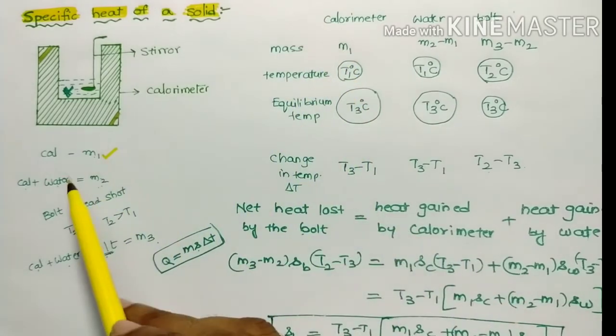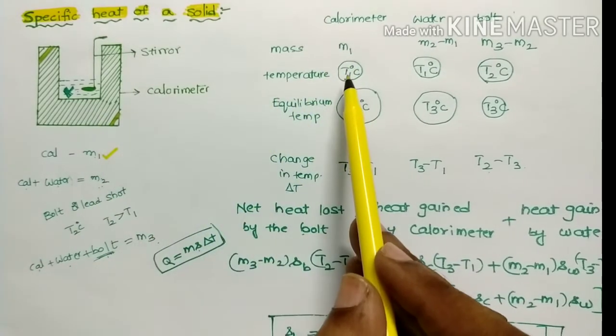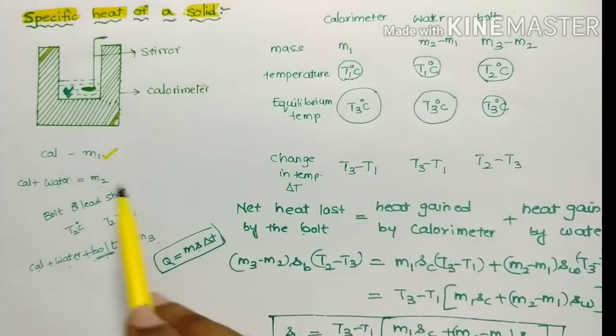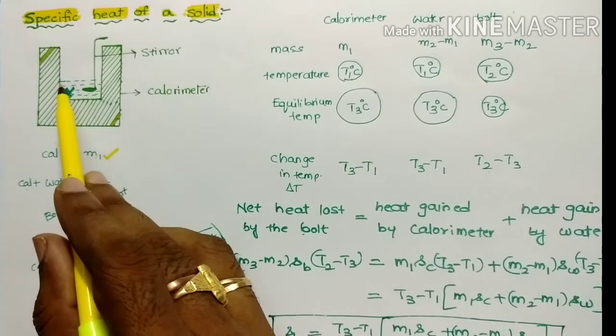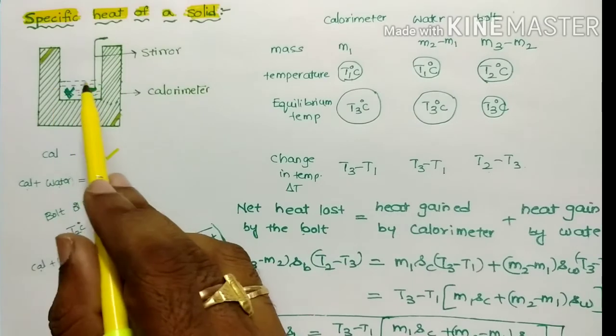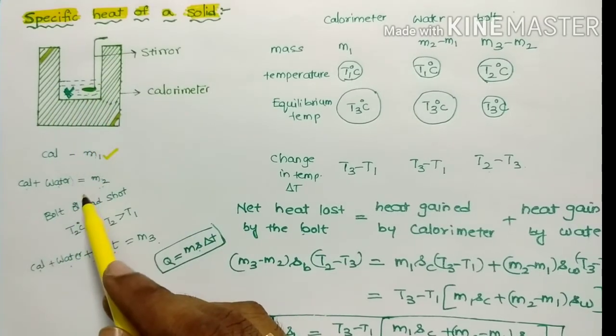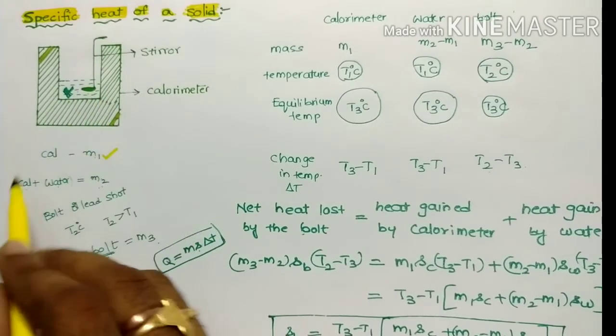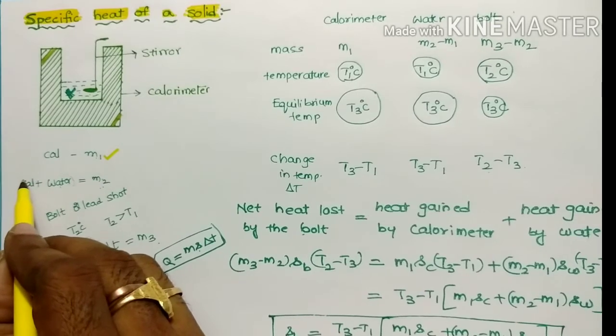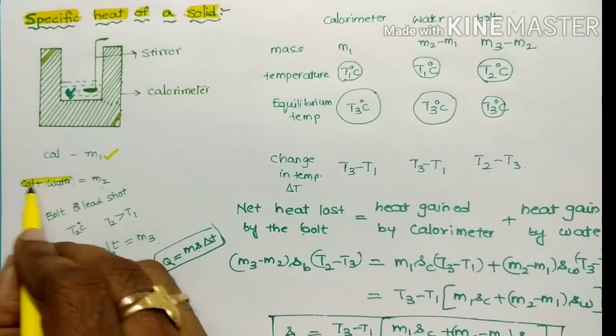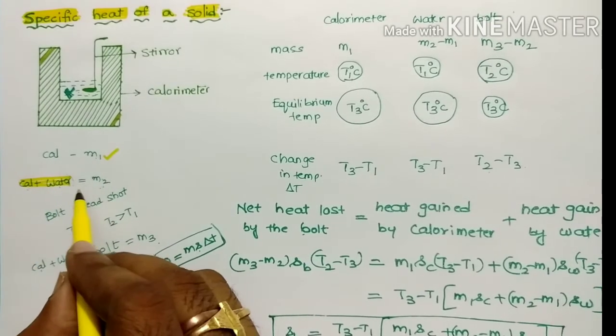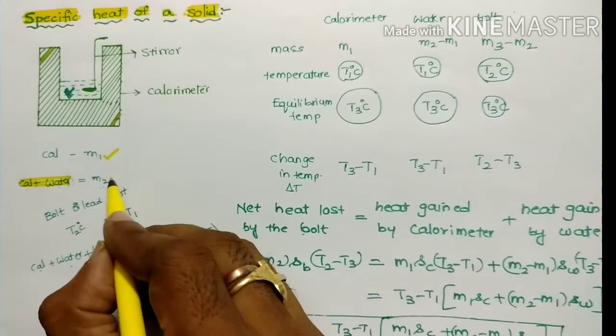Let's find the initial temperature of the calorimeter, T1 degrees centigrade. Then fill one third of the calorimeter with water and measure the whole mass, calorimeter plus water, which is M2.